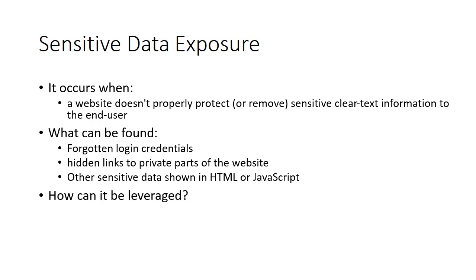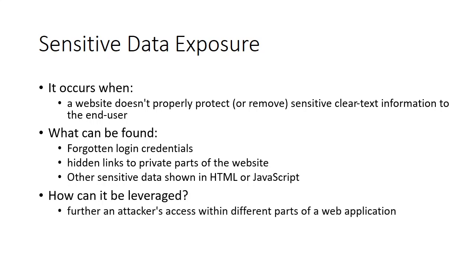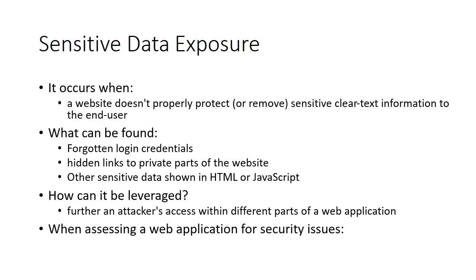So how can it be leveraged? It can be leveraged to further an attacker's access within different parts of a web application. For example, that could be HTML comments with temporary login credentials. When assessing a web application for security issues, one of the first things we should do is review the page source code to see if there is any sensitive data, exposed login credentials or hidden links.